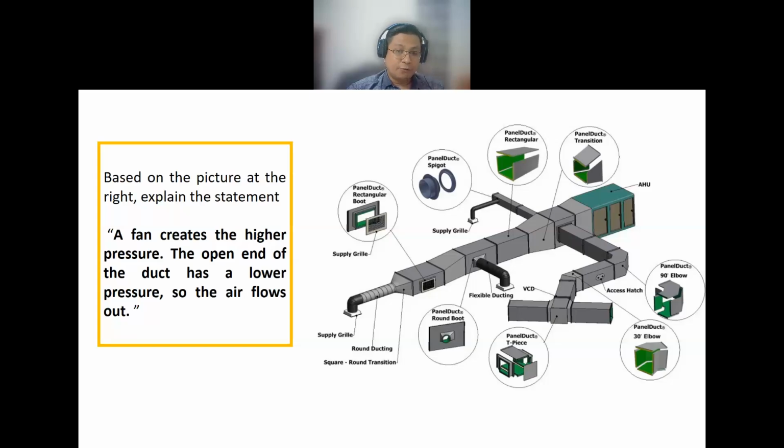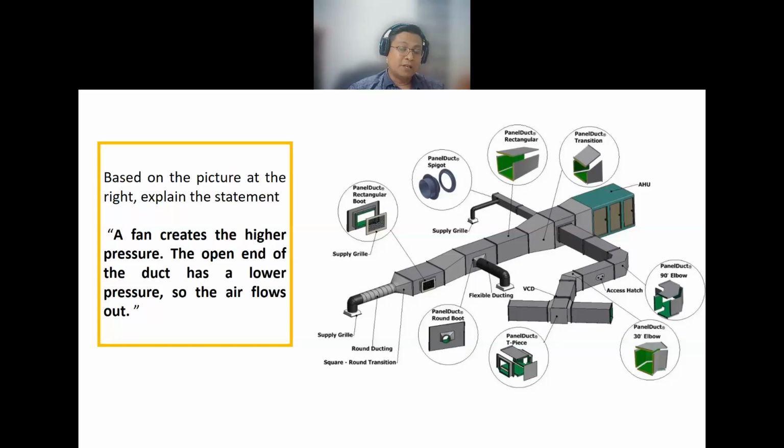Because we need to transfer the air from one point to another point, we should give a high pressure to low pressure to allow the air to flow in the system. If not, we should give velocity.